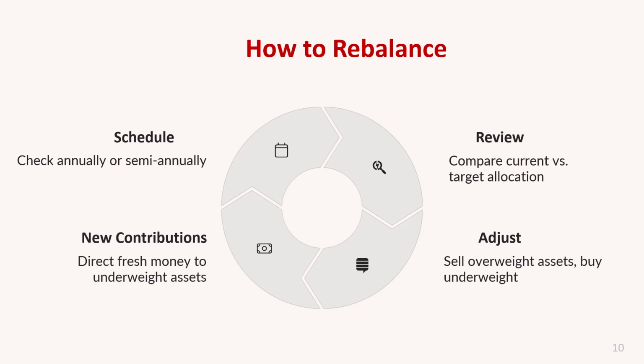Or if you're still regularly contributing money to your retirement savings, you can direct your new contributions to the underweight asset classes until you reach your target percentage. This is often the simplest and most efficient way for active savers, as you don't even have to sell anything.